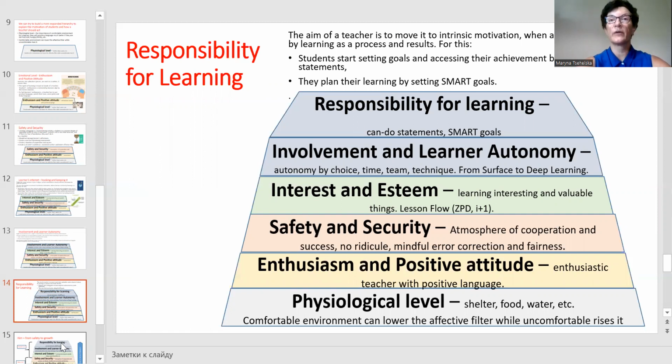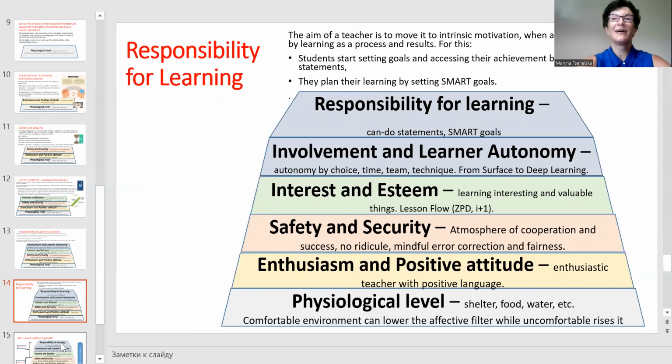We come to the can-do statements and SMART goals. Can-do statements develop responsibility for learning when students assess themselves at the end of a class or at the end of a unit. They just tell what they can do, and that is how they understand how much they have achieved.